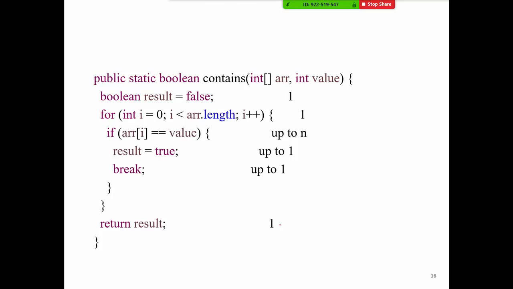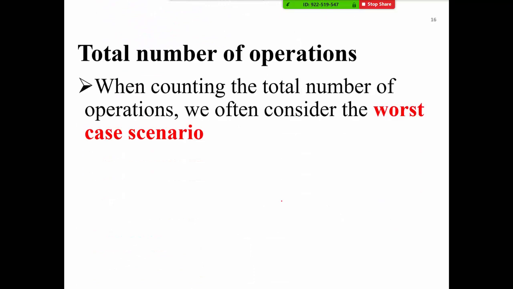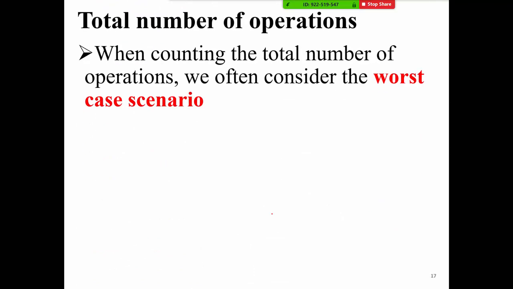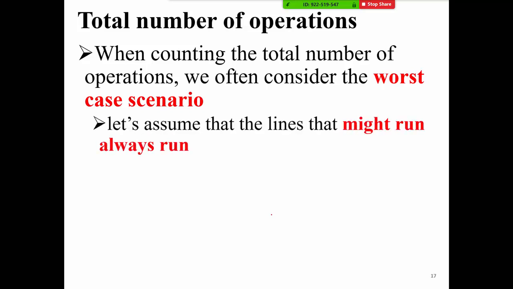So in the second strategy step, you determine the maximum number of times each statement will be executed. In the last step, you add up all these in the worst scenario. So you assume if something is going to run up to n, it's always going to run to n.